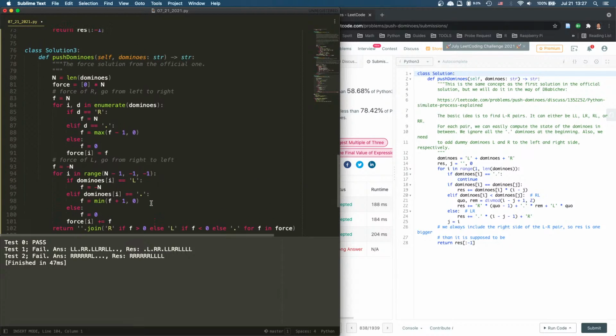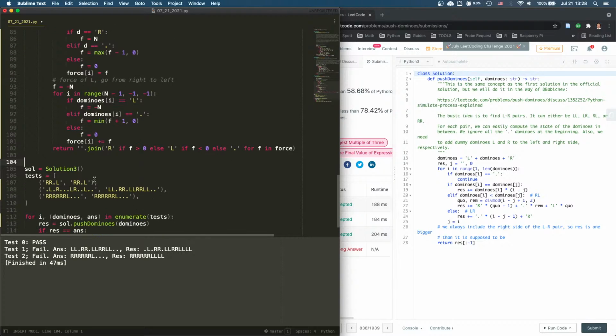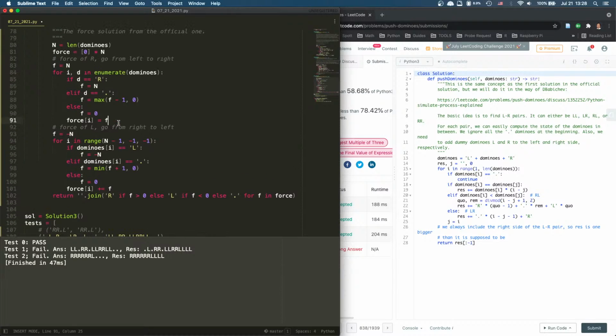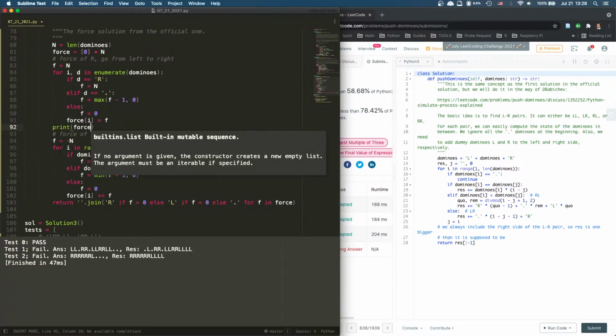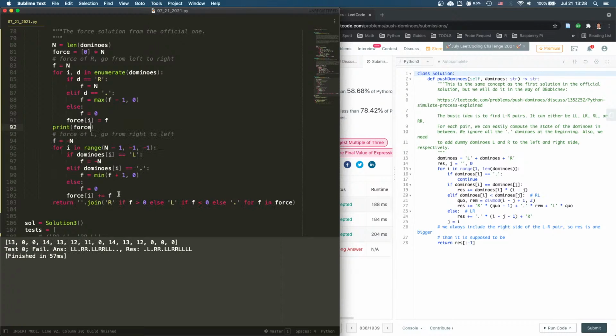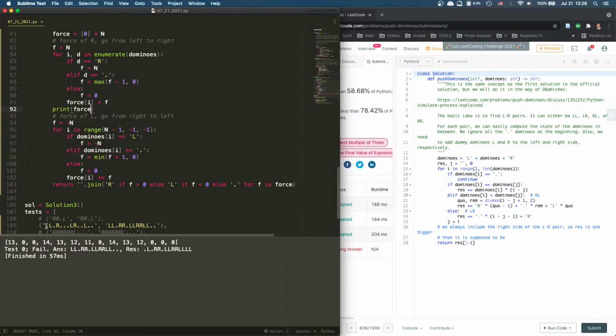Let's see. Why is it not correct? We passed the first one, then passed the second one. Let's see the force. Print force. 13, 0, 0.